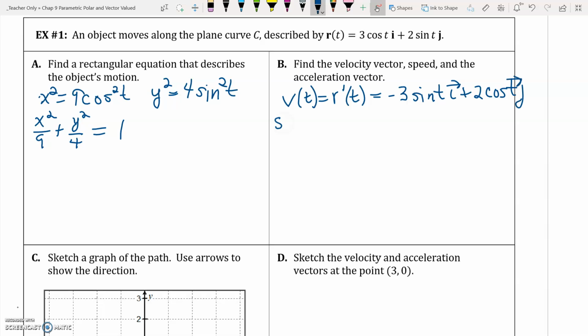Our speed is going to be the magnitude of the velocity vector. So that's going to be the square root of 9 sine squared t plus 4 cosine squared t. Oops, I forgot the 4 there.